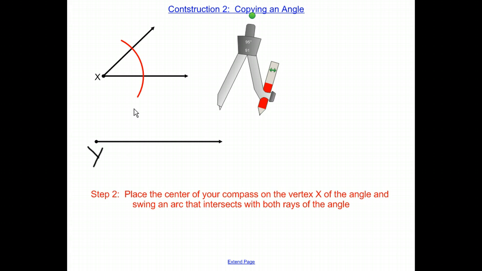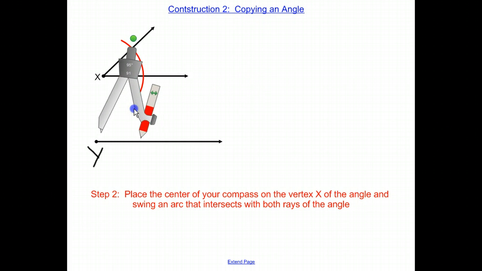Moving forward, step 3, we are just going to complete the same exact step on our ray Y. We're going to take our compass, place the center of our compass on the ray Y, and swing that same exact arc on the ray. So we're taking the compass, swinging the arc.